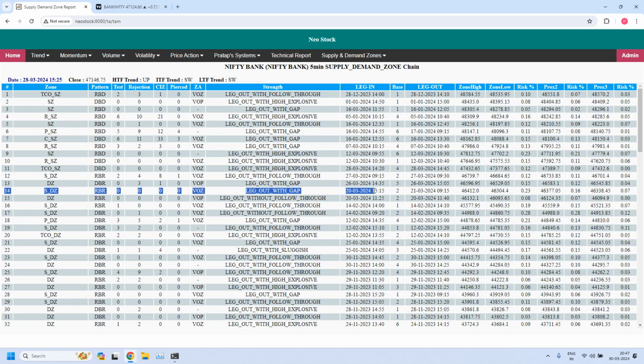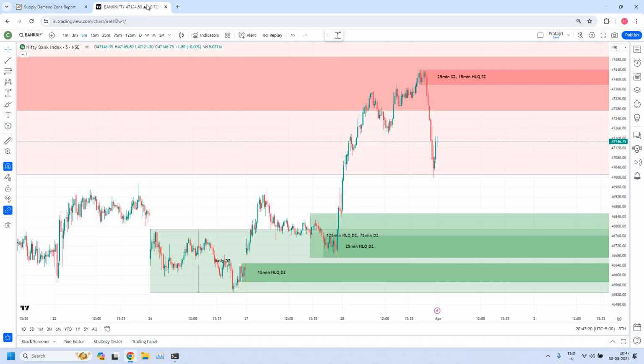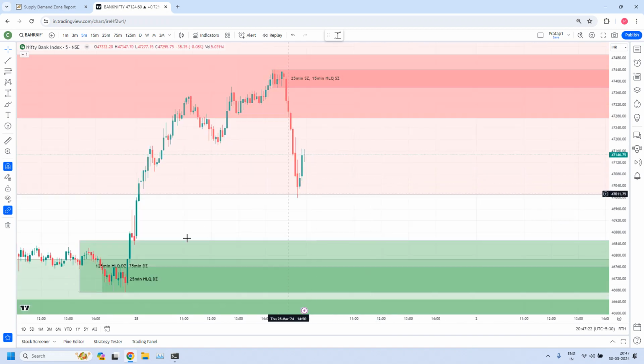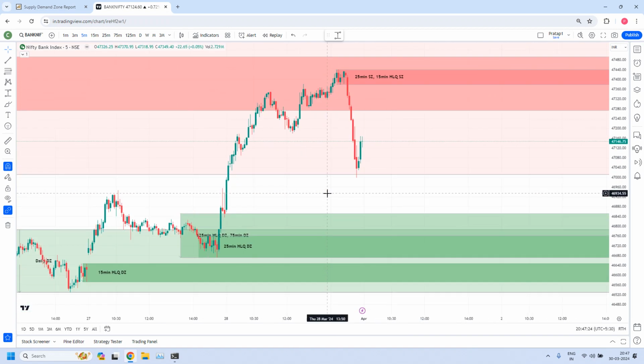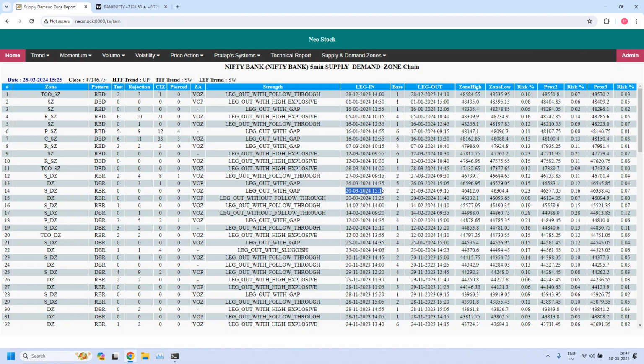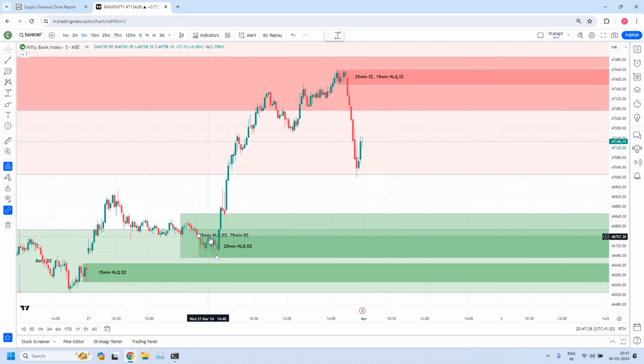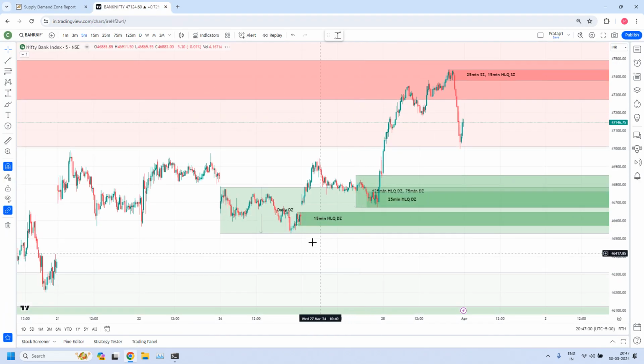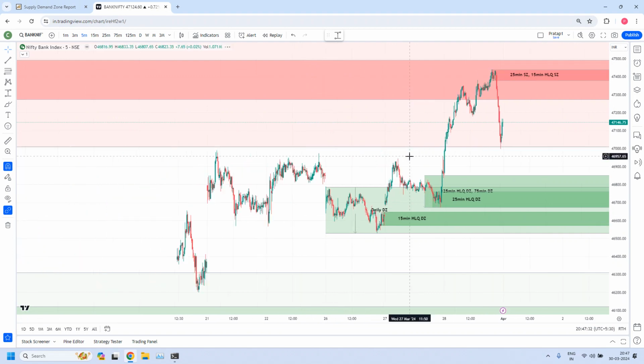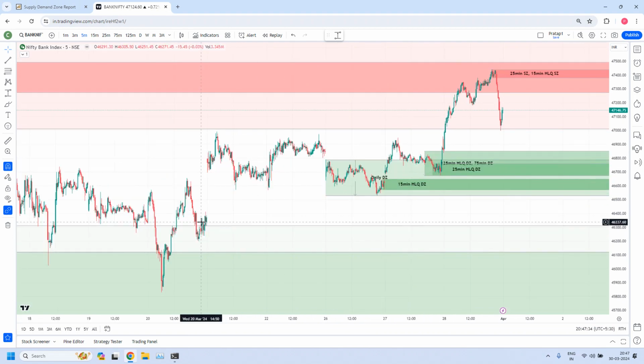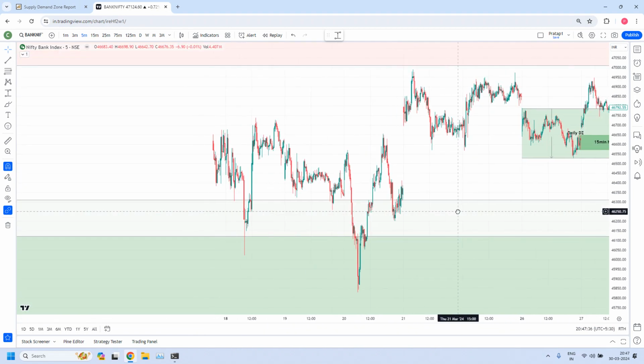When this 14th was created, 20 March 15:15, after the 2 base candles. So when is it? 20 March. So it is there below.